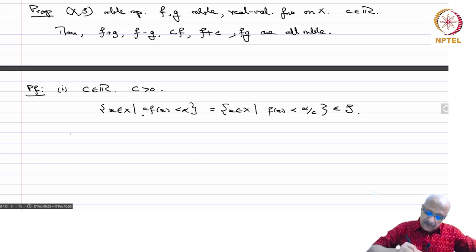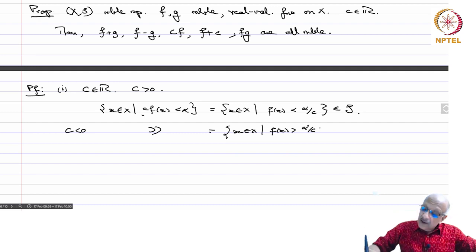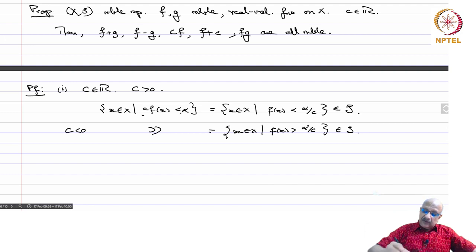Similarly, if c is less than 0, then this set, f(x) less than alpha, is the set of all x in X such that f(x) is bigger than alpha by c, and again this belongs to S. Now cf less than alpha means minus infinity to alpha, open.